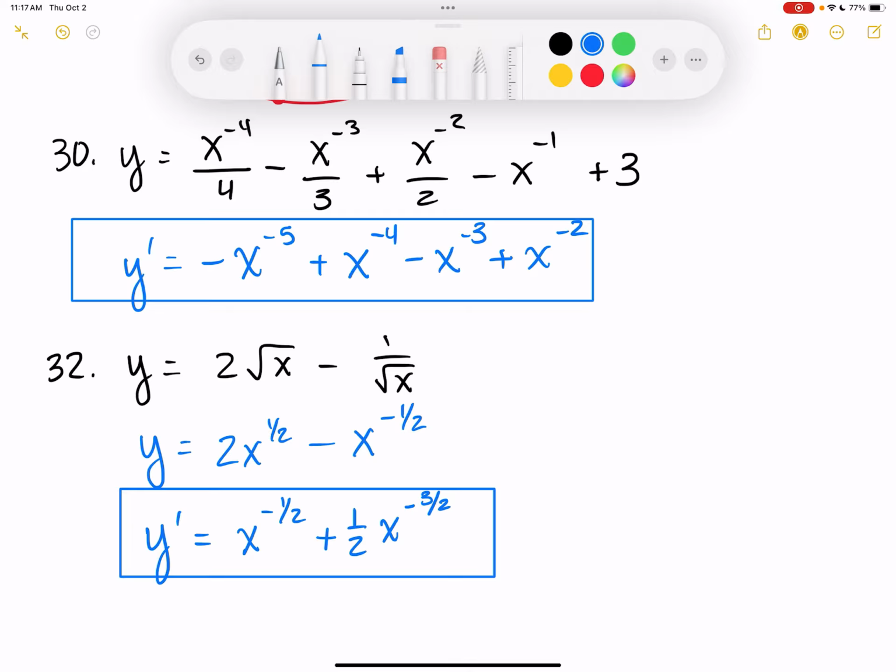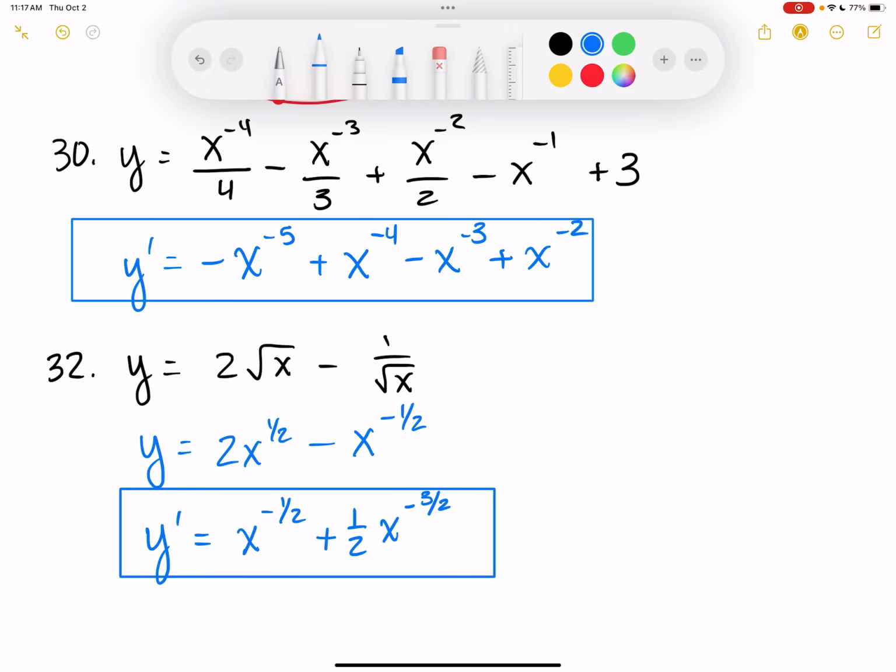Okay, the last stuff that we're going to do for today, and then we're going to halt, because after this it's going to be word problems applying what we've been doing. So I want you to have time to process what we've been doing. But up to this point, we've just taken one derivative. But we can take as many derivatives essentially as is possible until we get down to 0, until we get to a constant value whose derivative is 0.